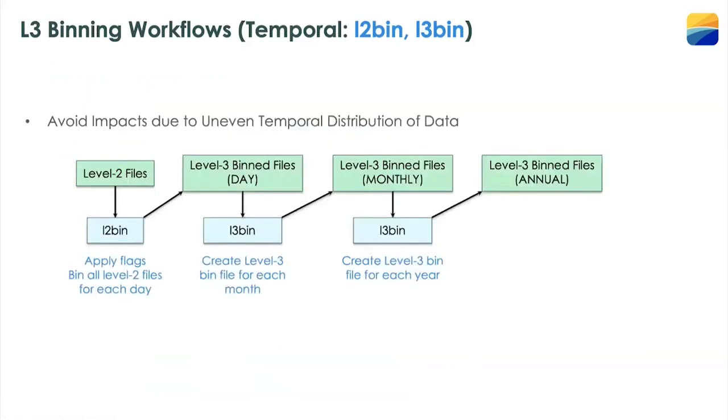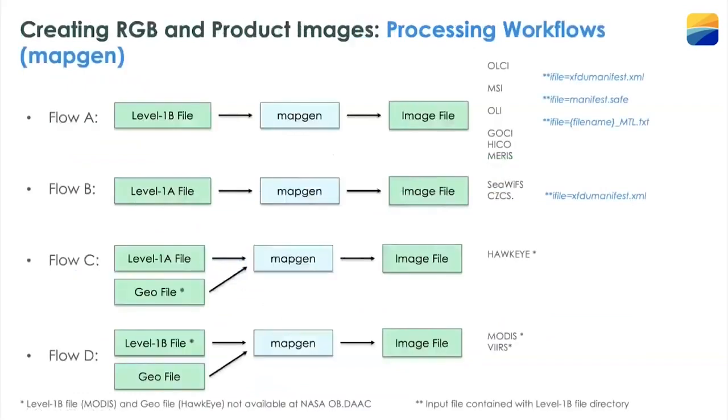This actually kind of reflects on what I was talking about, the dailies and monthlies. There's a program called MapGen. I won't get into that too much, but that's just a wrapper program that will help you create true color images from a level 1B file or other images.